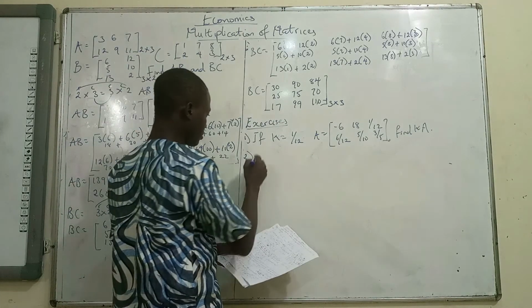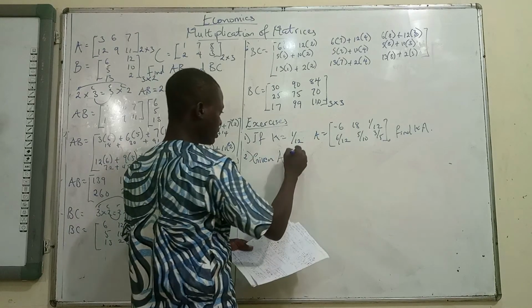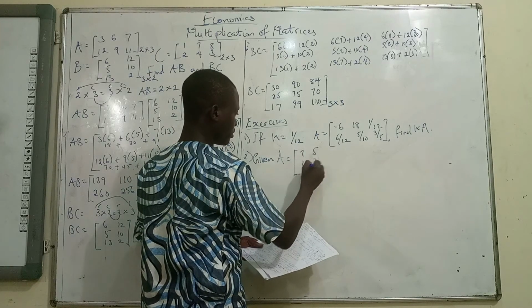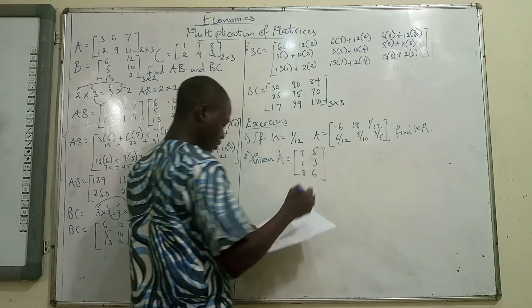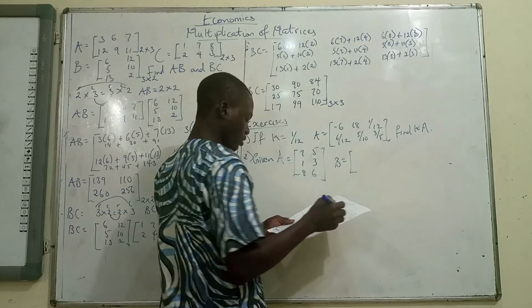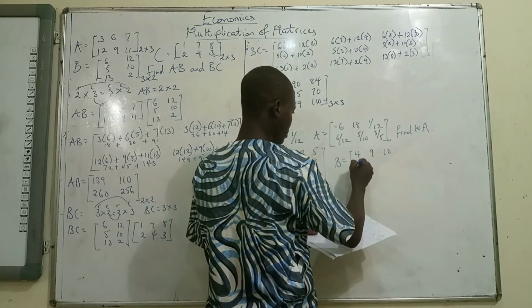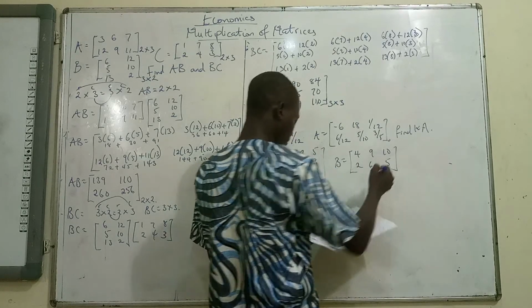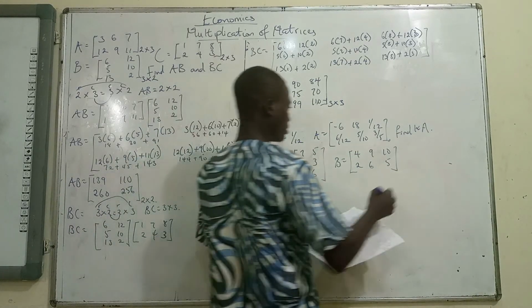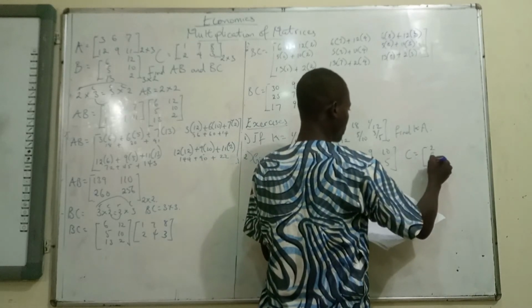Given A as 7 5, 1 3, 8 6, and B to be 4 9 10, 4 9 10, 2 6 5, and C equals 2 6 7.